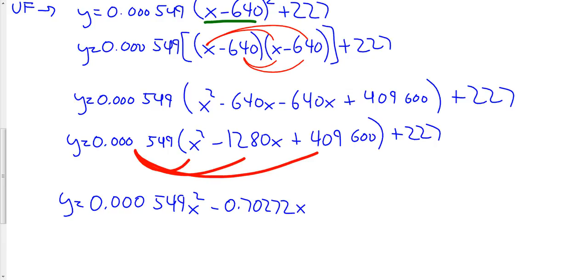And then if I multiply 0.000549 times 409,600, that leaves me with positive 224.8704, and then finally at the end, that 227.